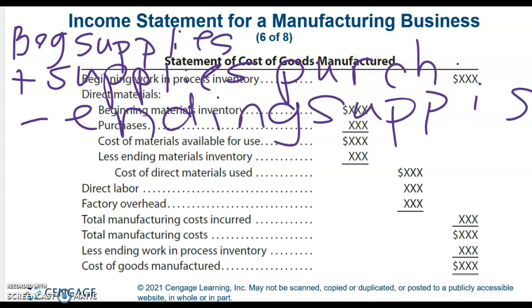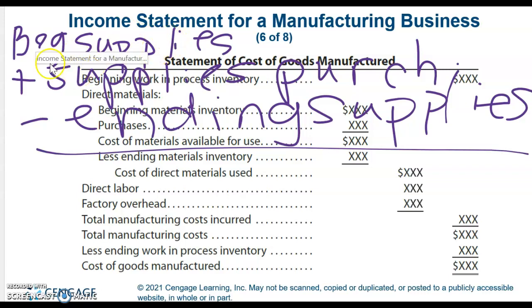So when you did this, and this is from Accounting 1, this is going to give you what you used during the year, supplies expense. So we took beginning supplies, added supplies purchased, and then subtracted out ending supplies.